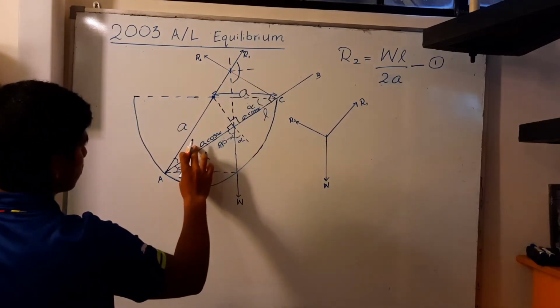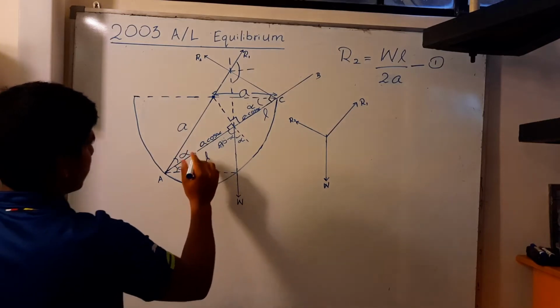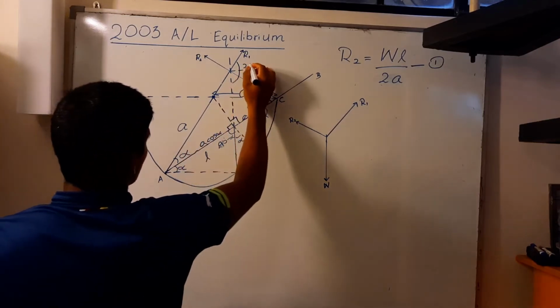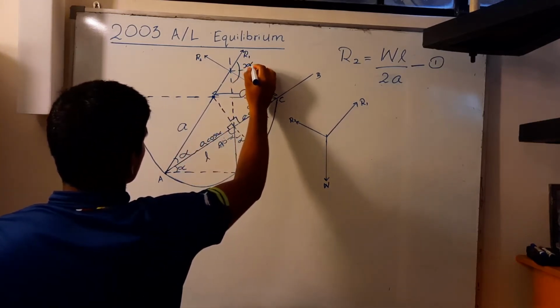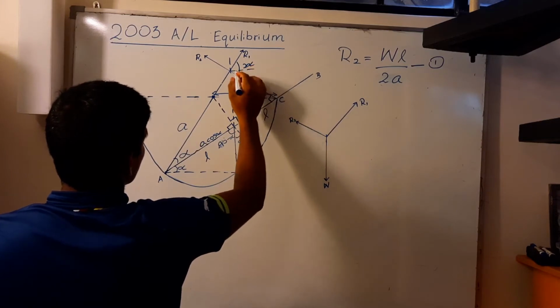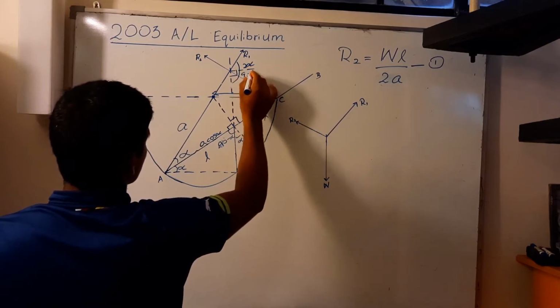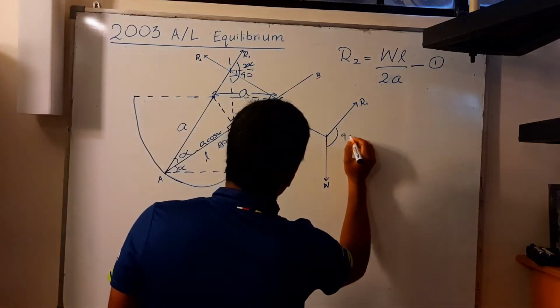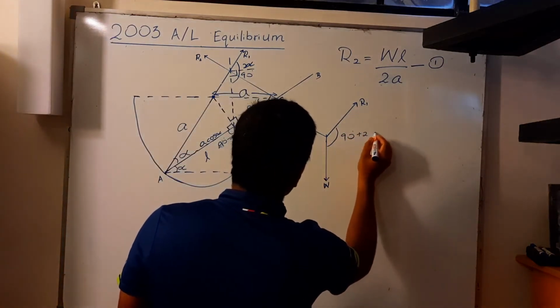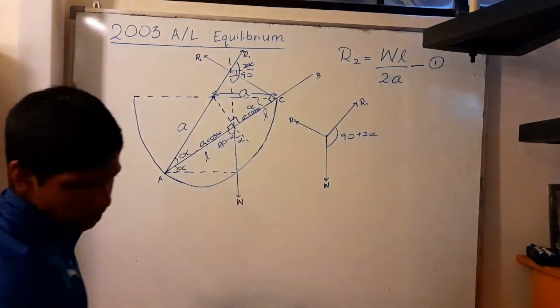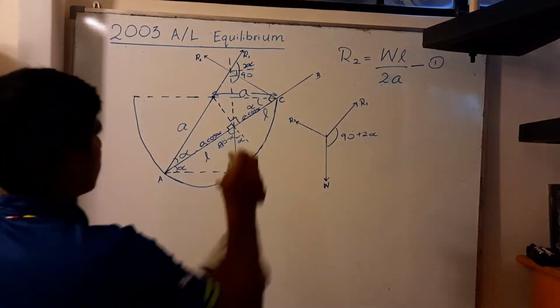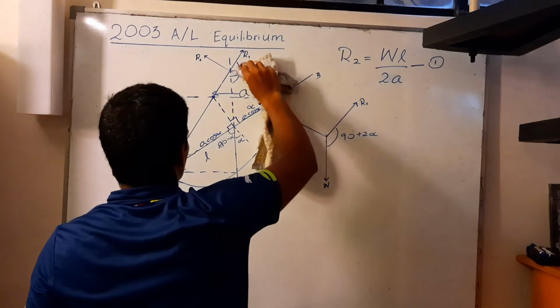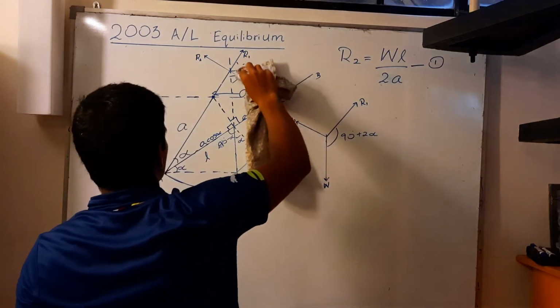Through the corresponding angle, since this whole thing is 2 alpha, this would also be 2 alpha, and obviously this is 90 degrees. So then you can say 90 degrees plus 2 alpha. I just wanted to show you how that is obtained. It's a bit ugly, so I'm just going to erase it, otherwise the diagram will look a little messy.